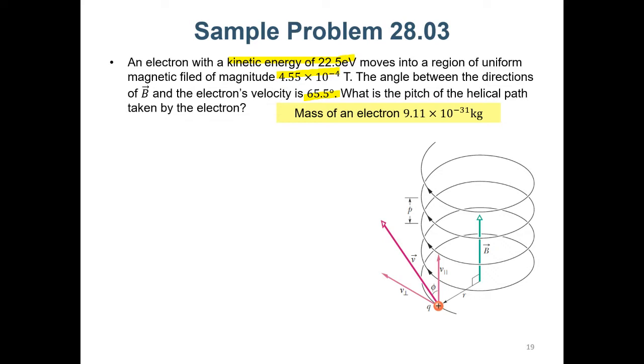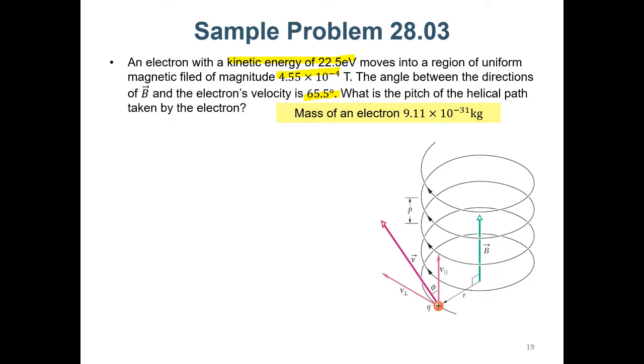So here, actually the velocity is not perfectly perpendicular to the B field. So we can decompose the velocity into two directions. One is parallel to the B field, and the other one is perpendicular to the B field. The perpendicular component with the B will make the particle go into circular movement.